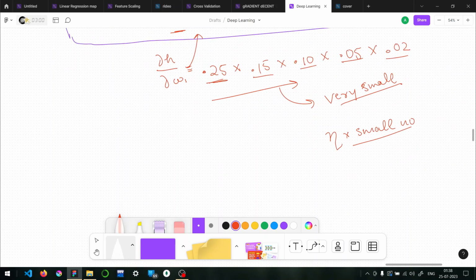The reason being, generally we take the learning rate in the range of 0.1 to 0.001, right? So if we are multiplying a small number with another small number, what is it going to give? A very, very small number, right?